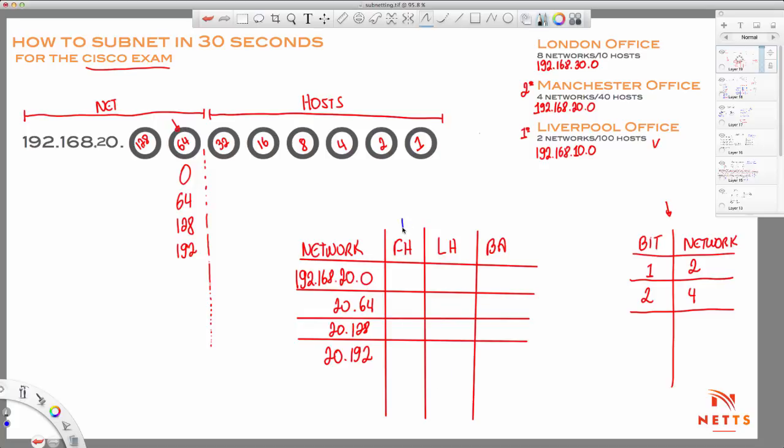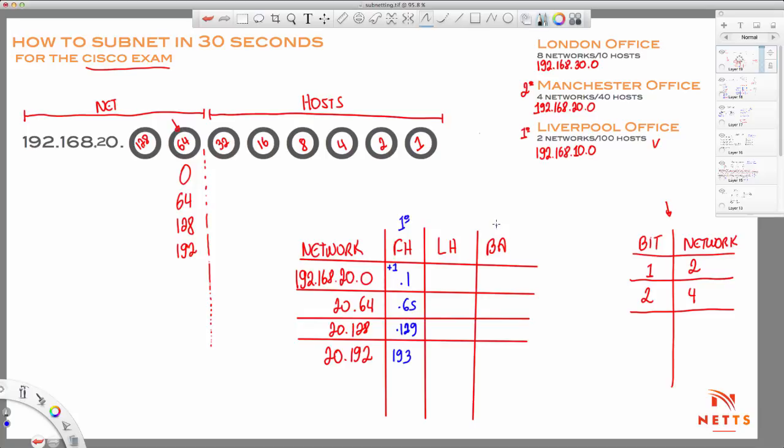The tip in here is the first column you're gonna fill in is the first host. So the first host is the network plus 1. So the first host in here is 192.168.20.1, 20.65, 20.129, and 20.193. That's the first host.